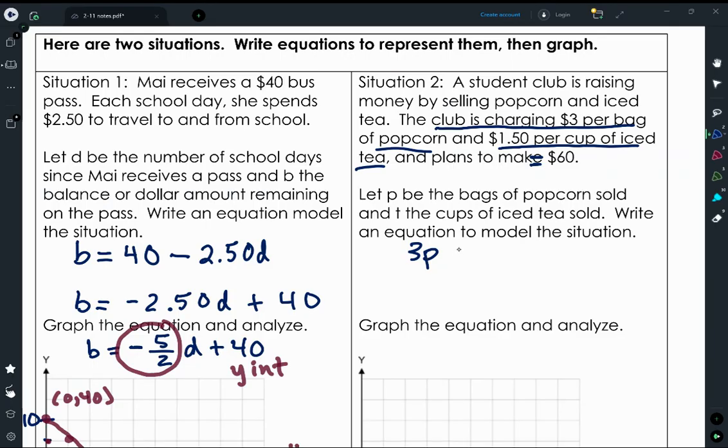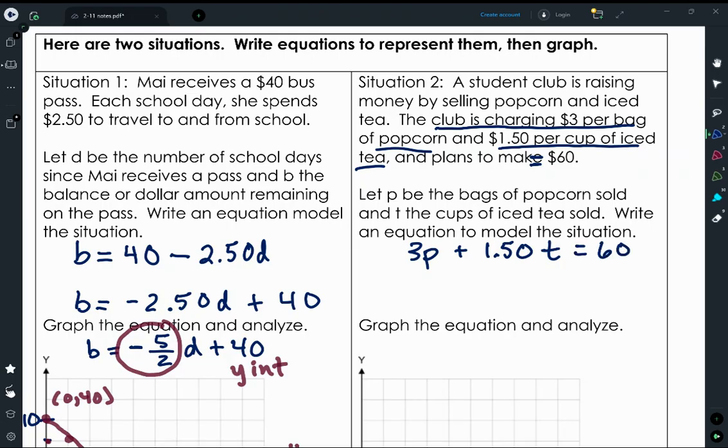And then I'm going to write down a plus sign because we're totaling that up with our T. Altogether, we're going to make $60, and the T is $1.50 per cup. So that would be $1.50 times T for cups of tea. And I try to make my T's look really different from my plus signs, and then all together $60.